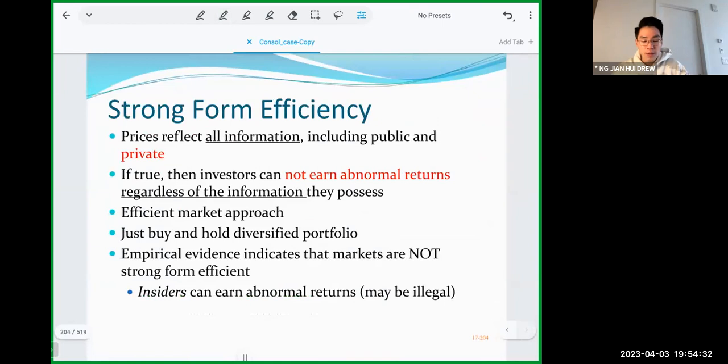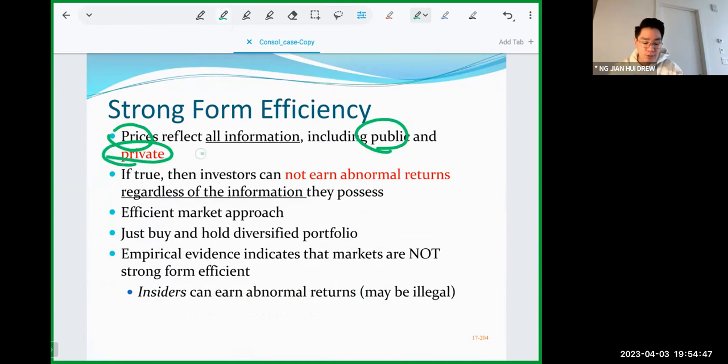The strong form means that the price of a stock reflects all the information available in the market. All meaning what? It means that it reflects both public information and private information. This is important.